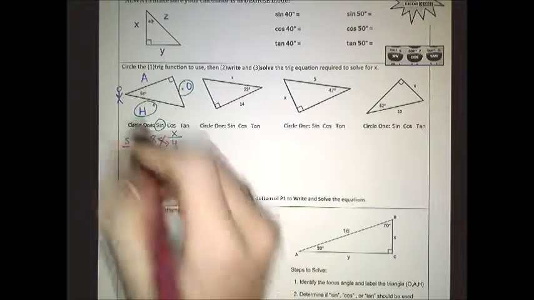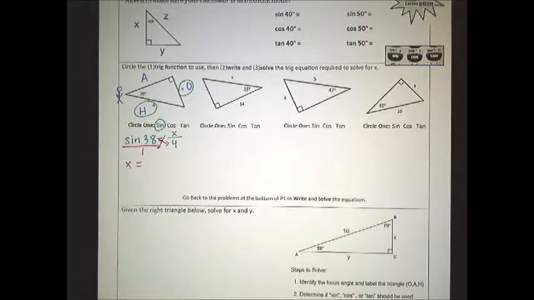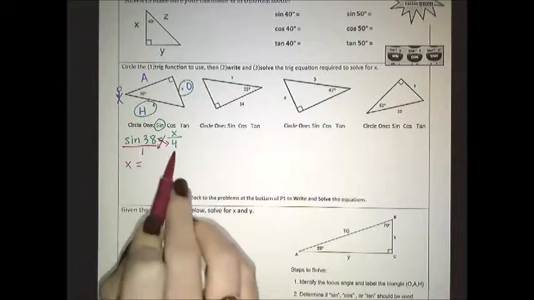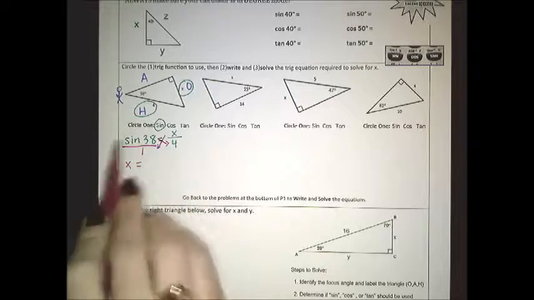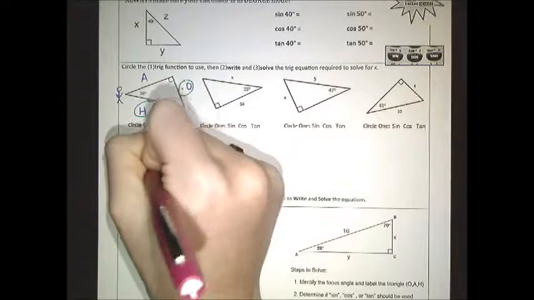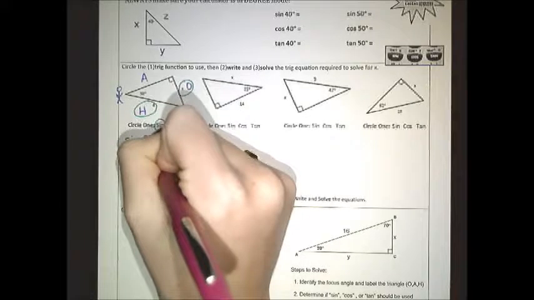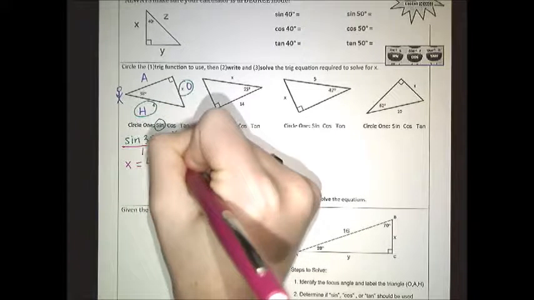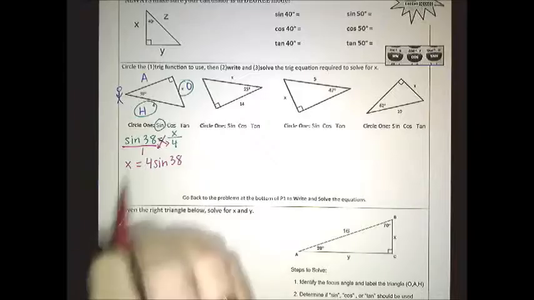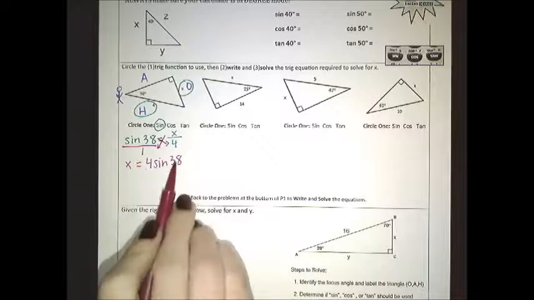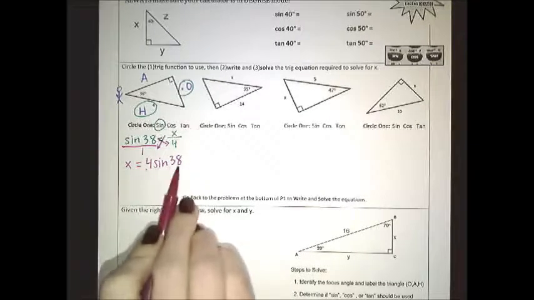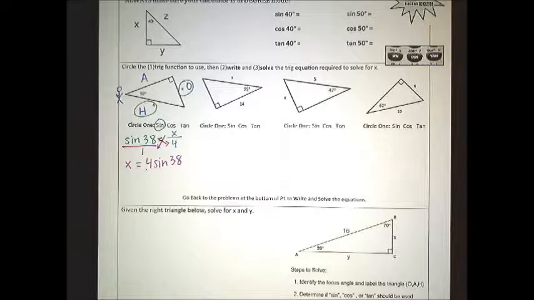So I have x times 1 gives me x, and sine of 38 times 4. I always want to put the number before the trig function. So I'm going to write that 4 times sine of 38. Writing the number first just helps you not get this number confused with whatever your angle measure is.